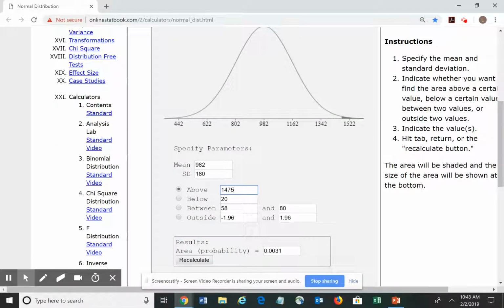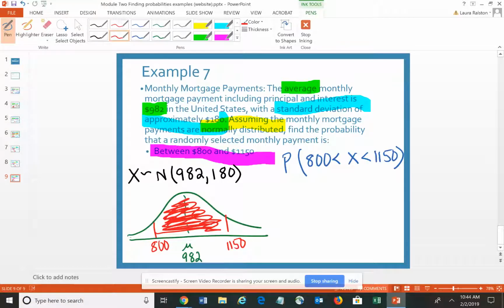Mean is 982. Standard deviation is 180. We're doing between, and we're using a value of 800 and 1150 as stated in the problem. Again, notice the visual at the top looks very similar to what I drew. We get 0.6687.